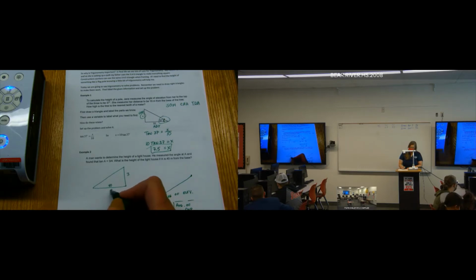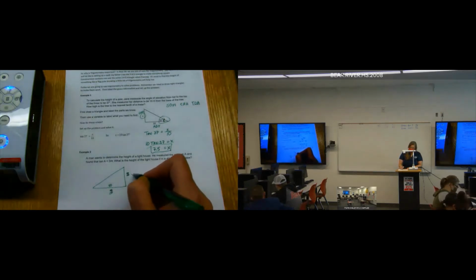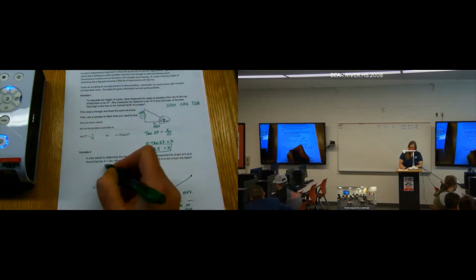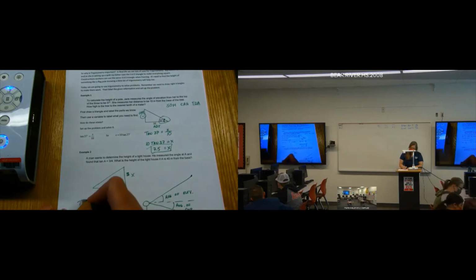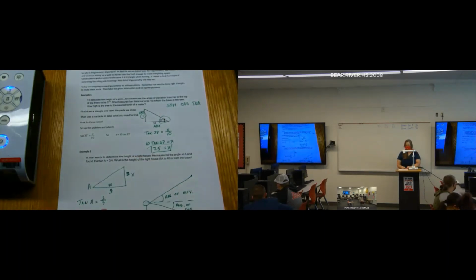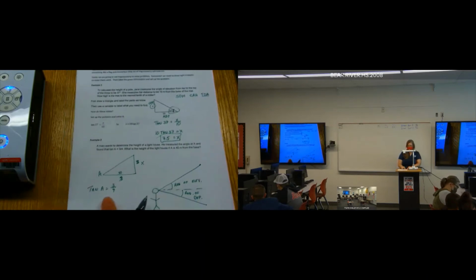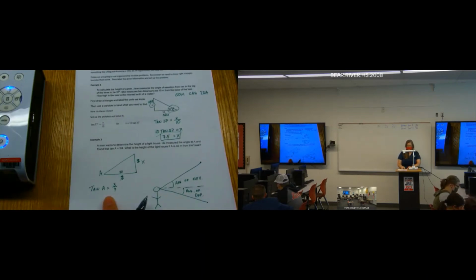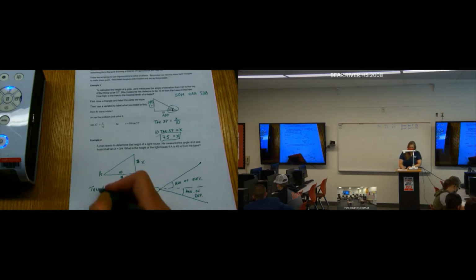Do you even need this stuff? Oh, we do to find the angle. We know that the tangent of A was equal to 3/4. How do I solve this for A? I have to move the tangent, and when I move it over, I use the inverse button.